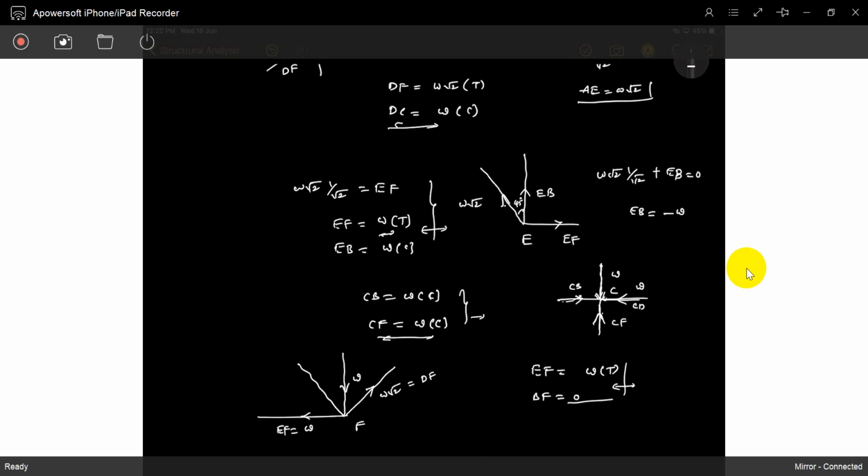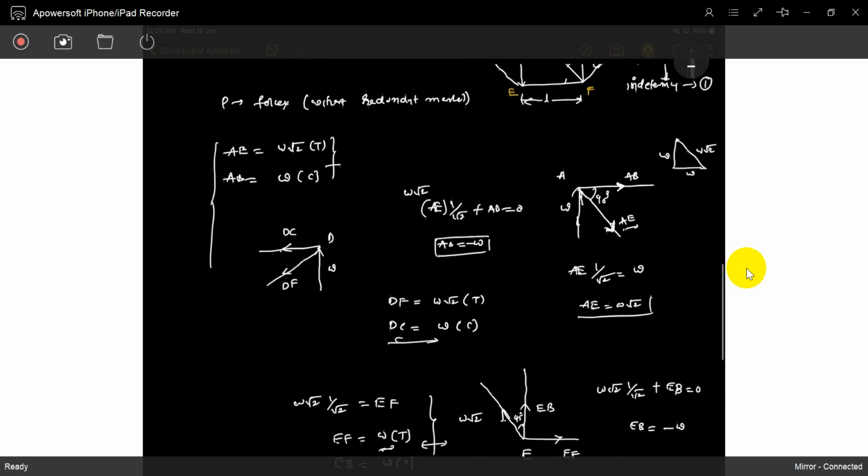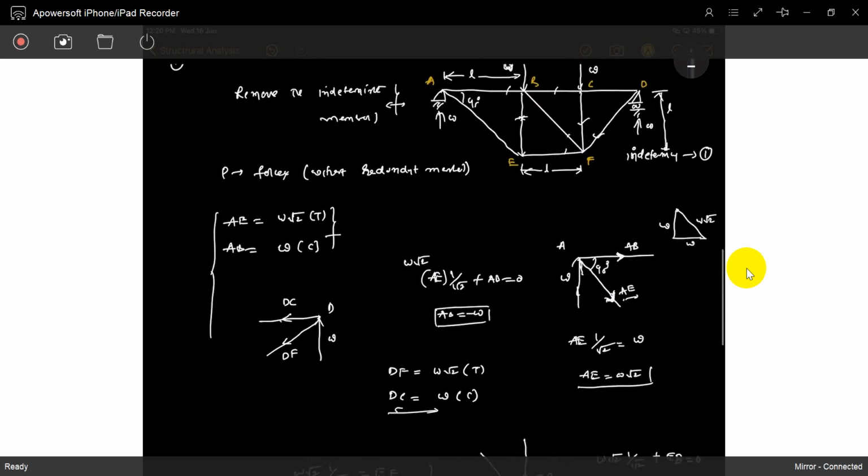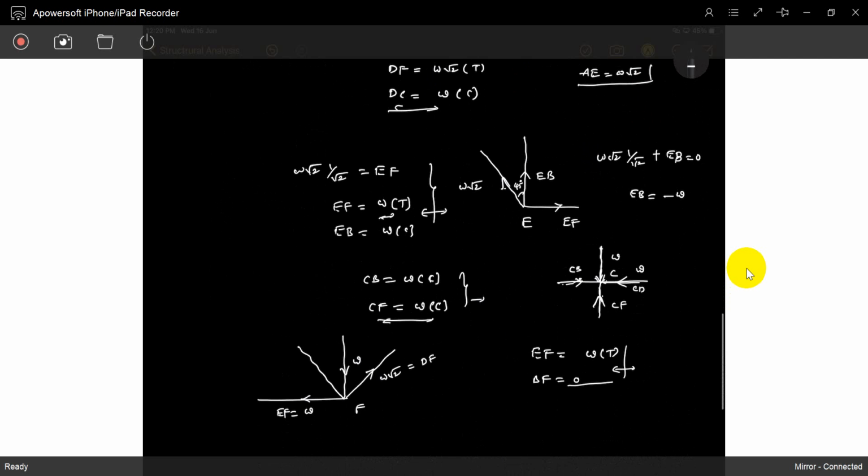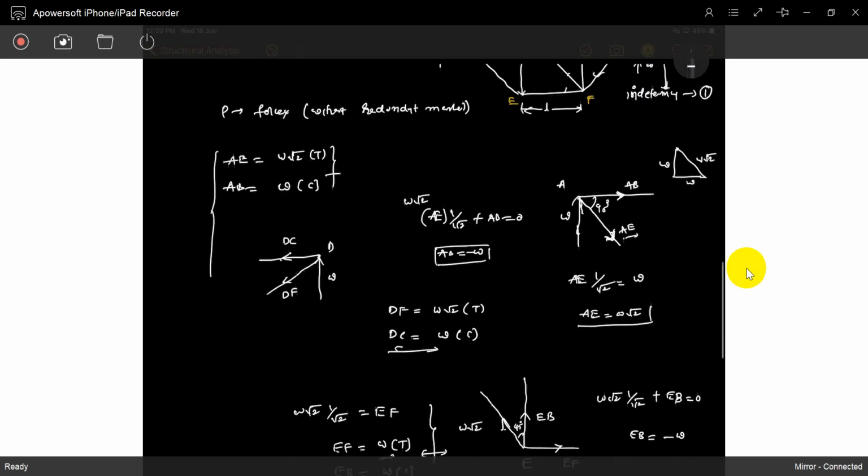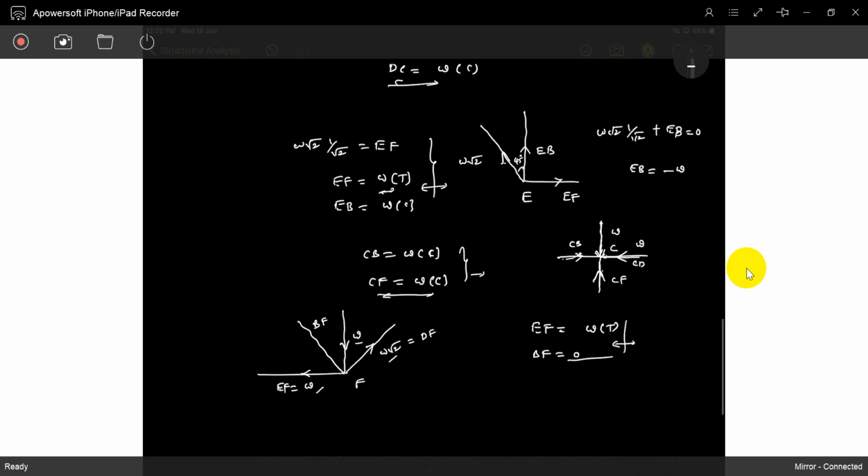So we want to calculate BF only. So this is BF. See it, just a triangle. W root 2. This W is balanced by this W root 2. So what is that BF? It is going to be 0. Understood?